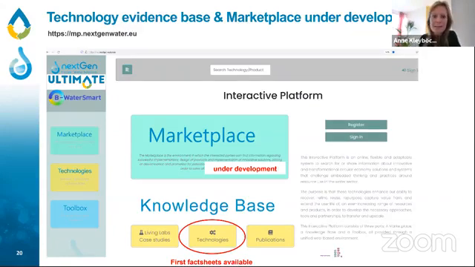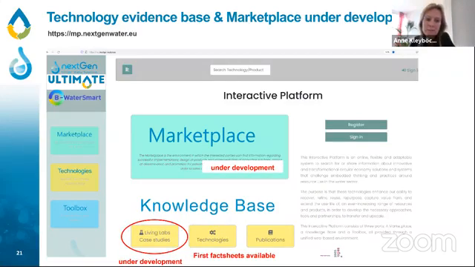And the marketplace and also the case study section are still under development, but there you can also find information about the different assessments we will do in the projects, like the cost assessment, life cycle assessment, and so on. And we expect to have a first version with all the information beginning of next year.